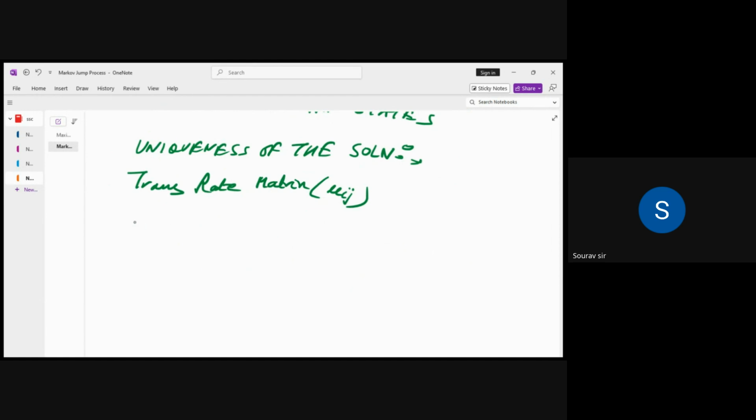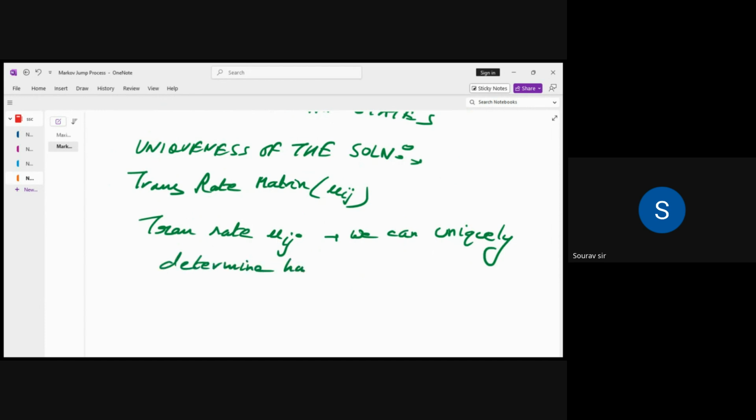It means if we know the transition rates u_ij from state i to state j, then we can uniquely determine how probabilities evolve over time, and there is no ambiguity in predicting the system's behavior at any time.